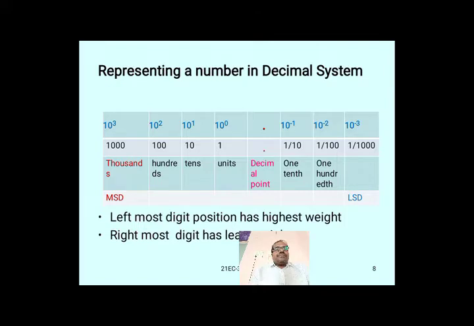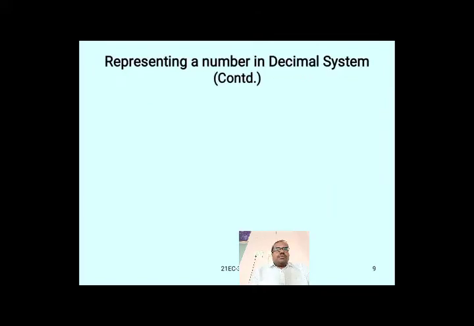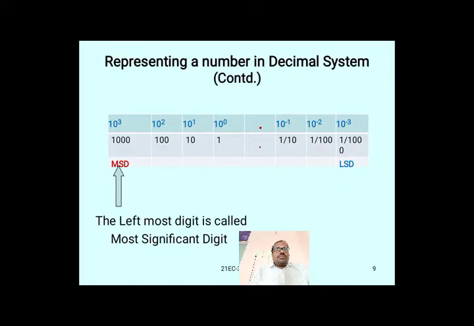Okay. MSD, most significant digit. The leftmost digit is called the most significant digit. Please make a note of it. Most important thing it is. The leftmost digit is called the most significant digit.